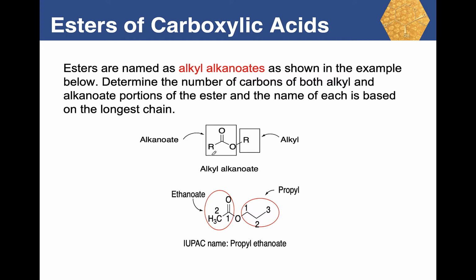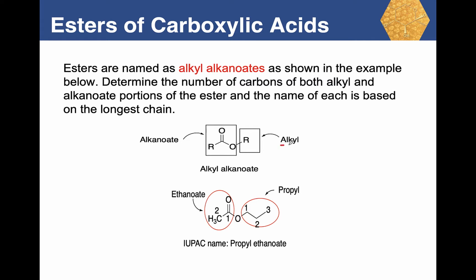So here's the ester functionality. Make sure you can identify the ester functionality. It has an R group bonded to the oxygen, and it has here an R group bonded to the carbonyl group.